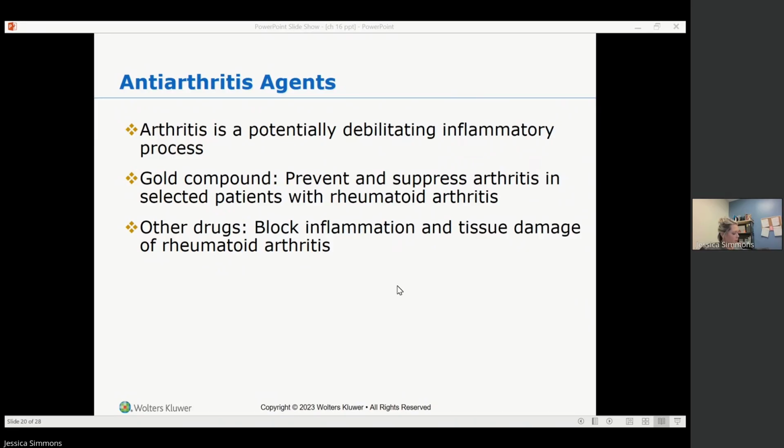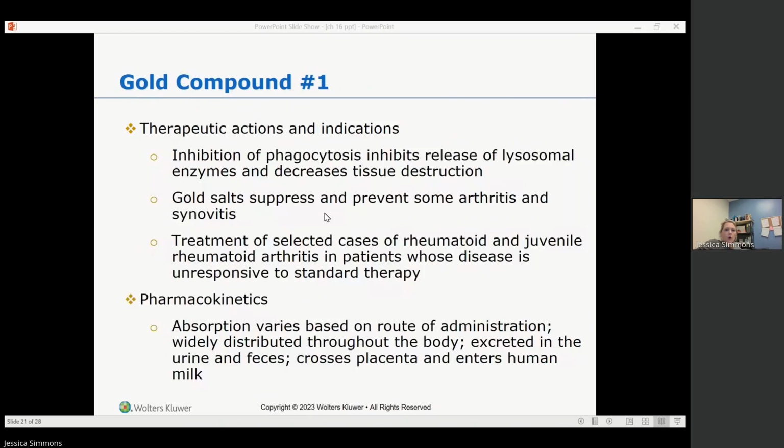This drug does not repair damage. It may prevent further damage, and so is most effective if used early in the disease. So the gold compound, I literally just said all of that.